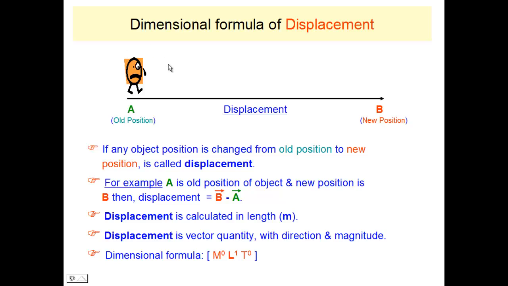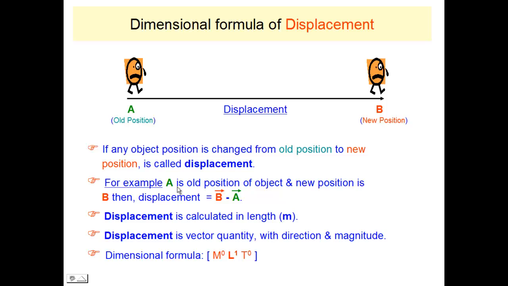Means the object is at the old position, this is A, and the new position of the object is B, this change is called displacement, like this.